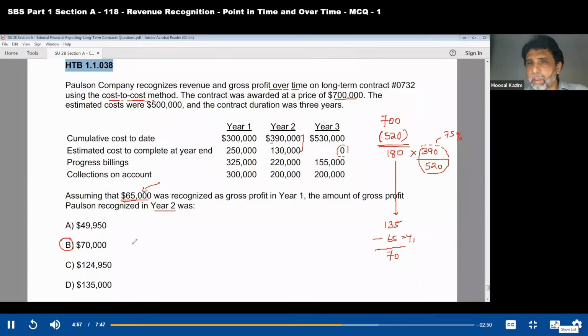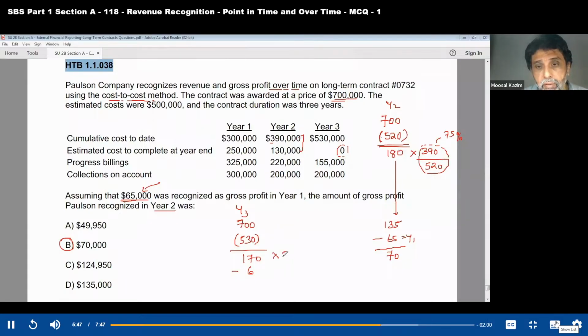Let us proceed to year 3, just for practice. How would you find out for year 3? You should try to do it yourself. Now this was year 2. So for year 3, the situation is equal to 170. 170 is the cumulative profit. This is now 100% complete, so there is no percentage to calculate.